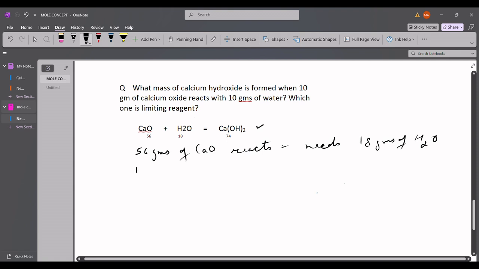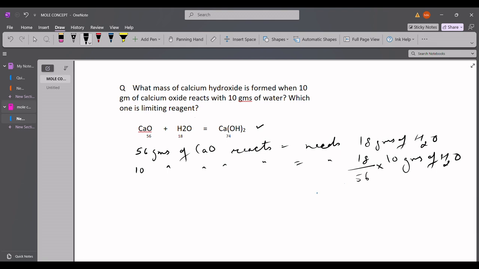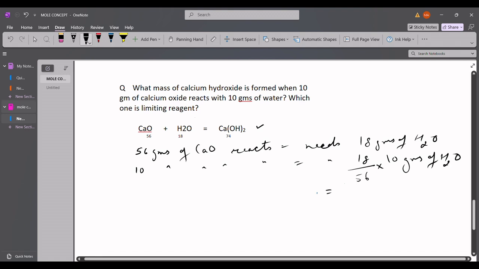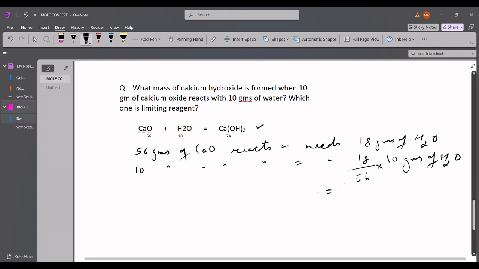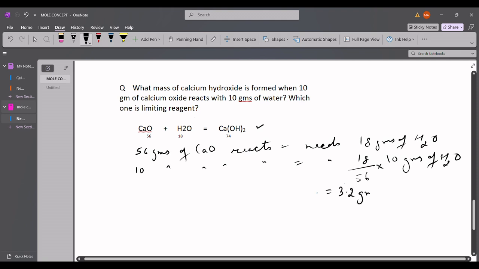So when 10 grams of calcium oxide reacts, it will need how many grams of water? It will need, you can solve it afterwards, 3.2 grams.